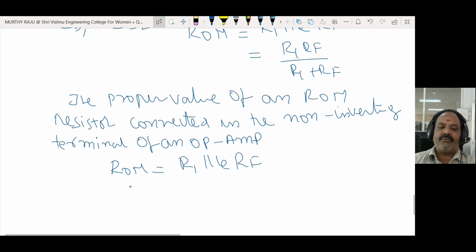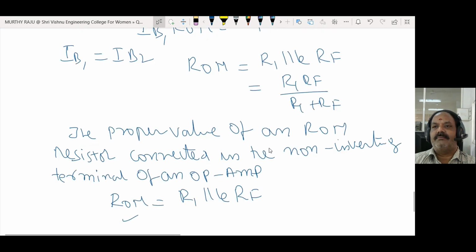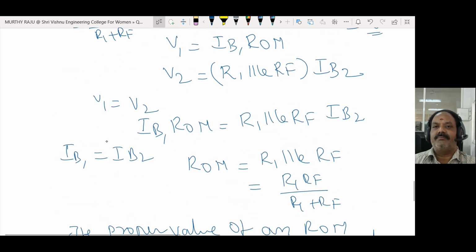However, the use of ROM may not completely eliminate the output offset voltage. Generally, by using this one, we bring back V1 equal to V2, the voltage at the inverting terminal equal to the voltage at the non-inverting terminal, and also IB1 is equal to IB2.